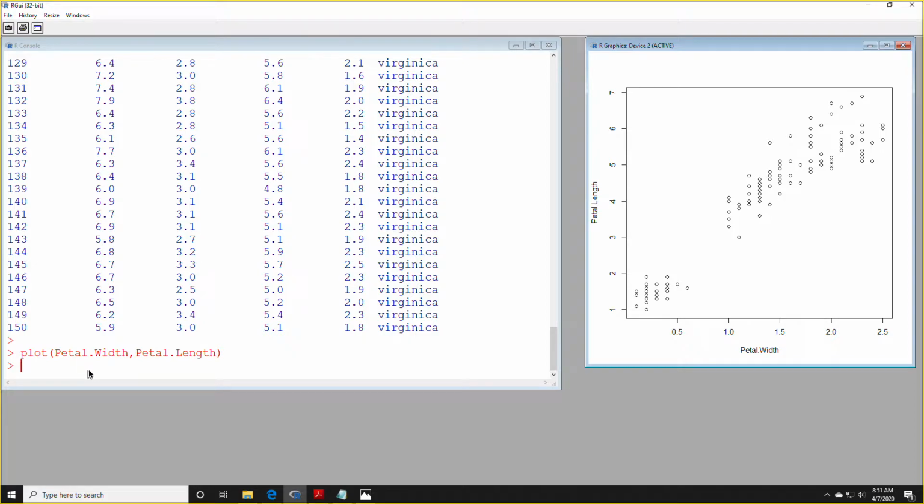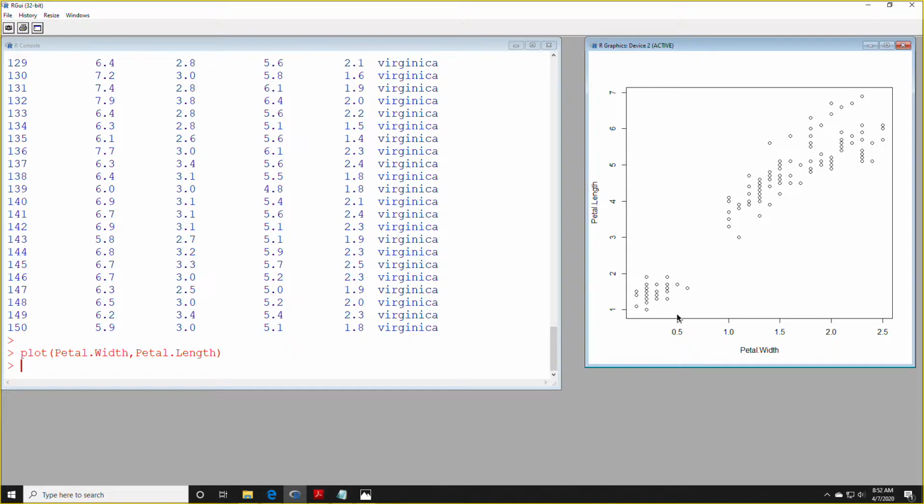And so we can clearly see that there does appear to be a relationship between petal width and petal length. As a petal's width gets longer or higher, then the petal length goes up. So there does appear to be a positive relationship between these two variables. And just looking at it, it looks like it could be reasonable to fit a straight line through this set of data.